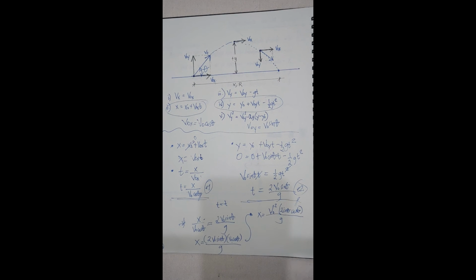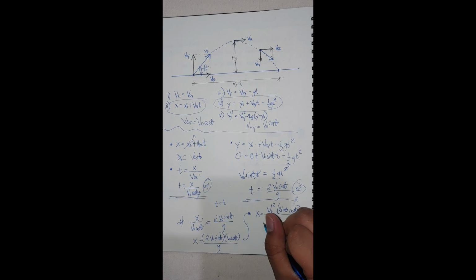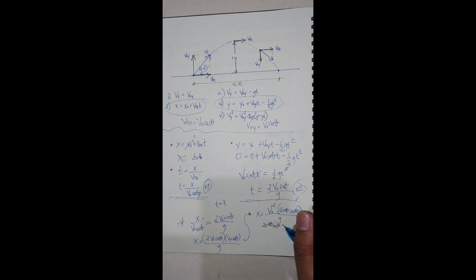So if you remember sa trigonometry, this is a function. Ano siya equivalent nga meaning, trigonometric nga double angle. So 2 sine theta cosine theta is just equal to sine 2 theta.